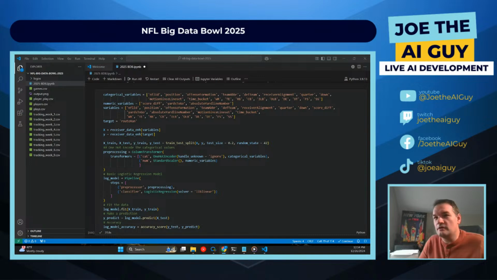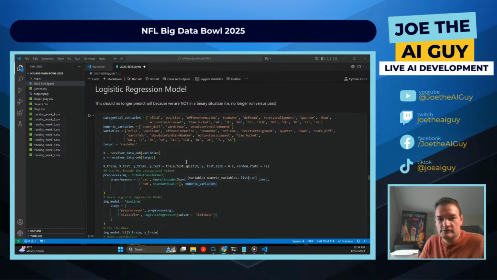Yeah, I'm not seeing anything that would help us in terms of predictive power. We know the defending team. We know how many players are on the field. 2, 4, 6, 7.